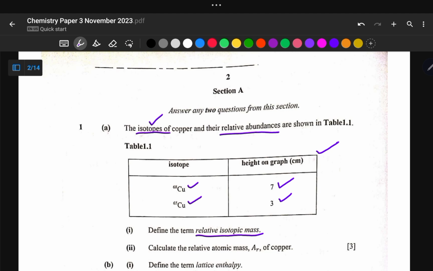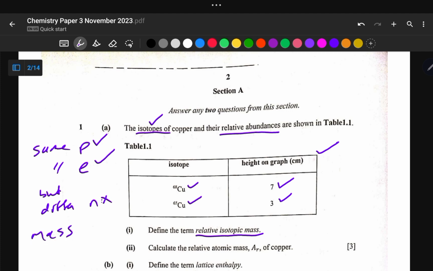Isotopes are defined as atoms of the same element with the same number of protons, the same number of electrons, but different numbers of neutrons. These are subatomic particles: you've got the same protons, same electrons, but different numbers of neutrons, meaning different mass numbers.